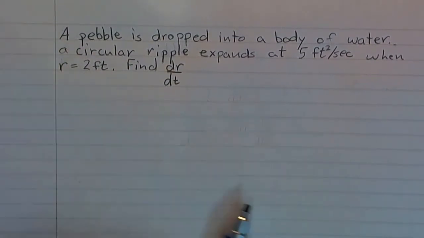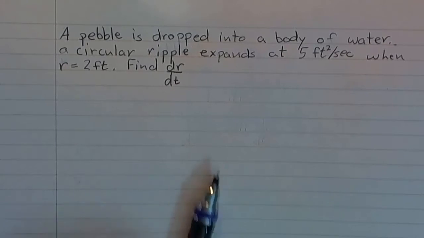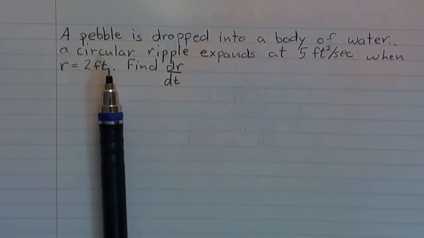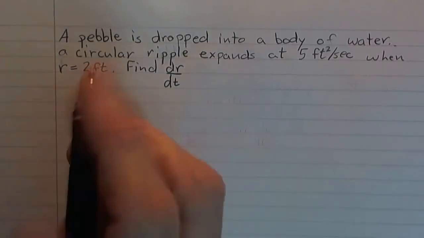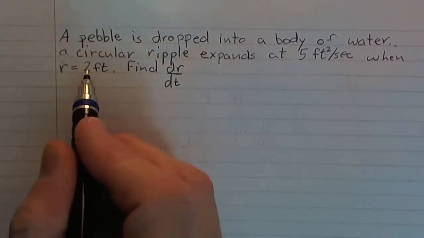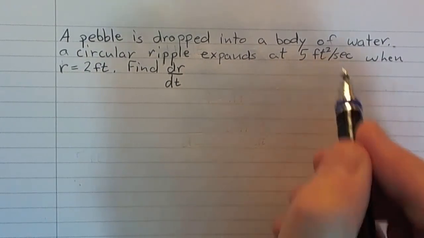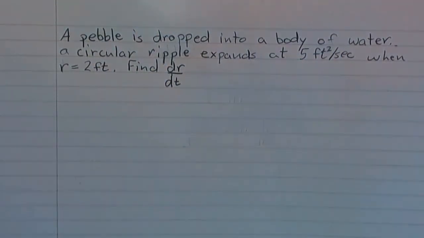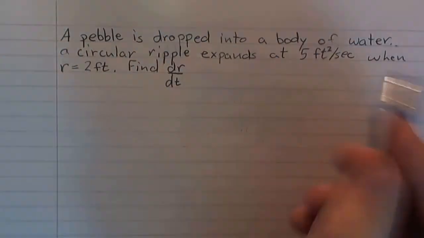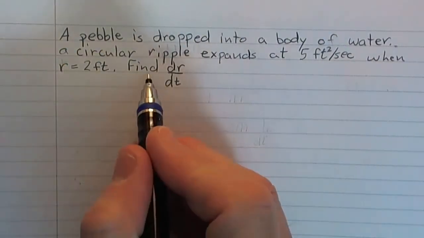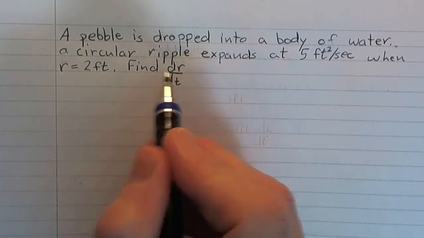Let's suppose that a pebble is dropped into a body of water, and it forms a circular ripple. Notice that whenever the radius of that ripple is 2 feet, the area is expanding at 5 square feet per second. That's how fast the area is changing. And what you want to find is the rate at which the radius is changing at that point.